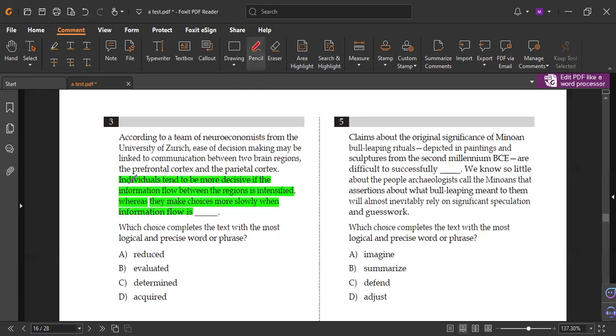Here, in the first clause, it says intensified, as you know, like redundant, abundant, so we have a lot of it. And here it's reduced. That is correct. And I'm not talking about the information flow being evaluated or appreciated or not. It's more determined, of course. Do you know it? So what helped you? The conjunction whereas. That is right.